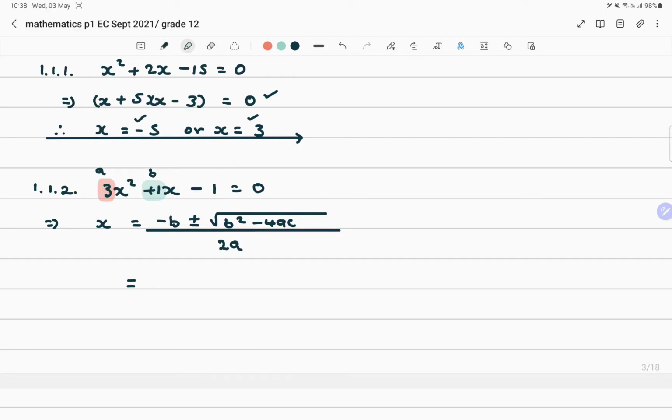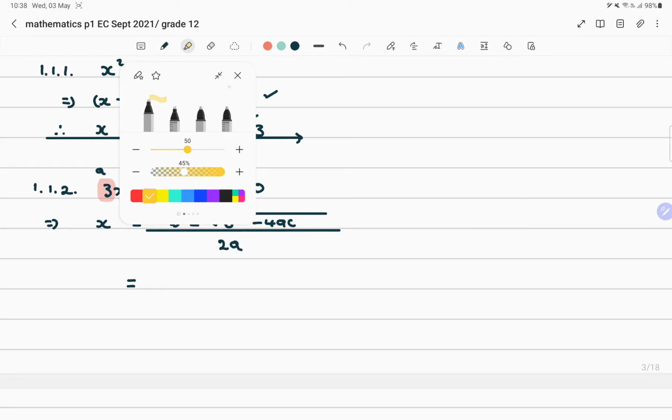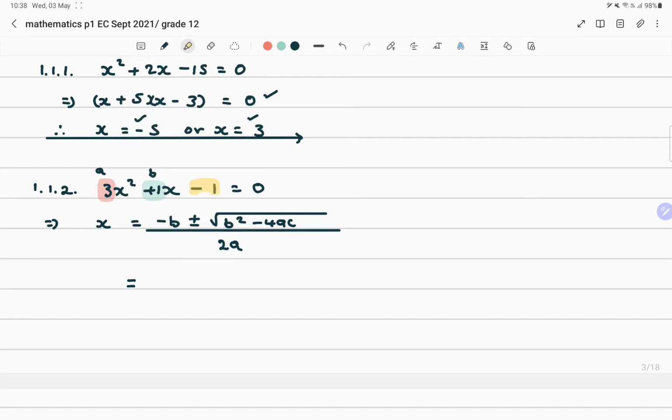And then the c is the constant term. So you already know where these things are. So we're going to have minus 1 plus or minus the square root. We put 1 here squared minus 4 into 3 into minus 1.